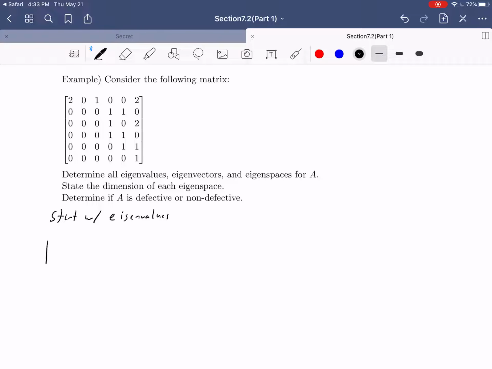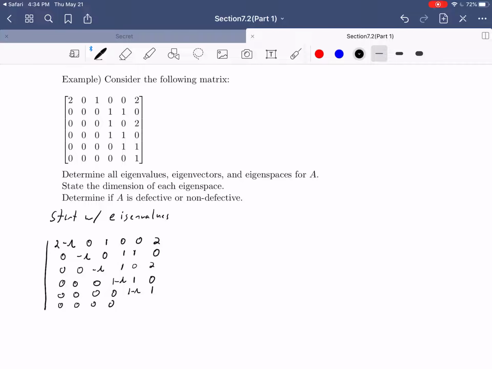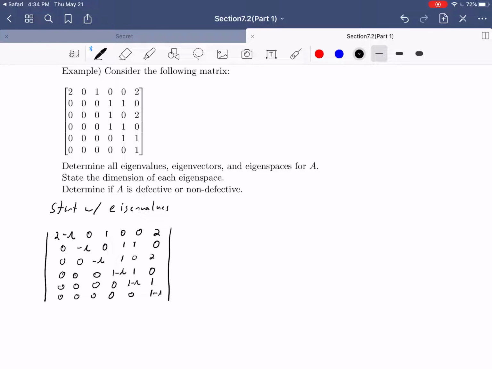So let's go ahead and take the determinant of the matrix with 2 minus lambda, 0, 1, 0, 0, 2, then 0 minus lambda, 0, 1, 1, 0, then 0, 0 minus lambda, 1, 0, 2, then 0, 0, 0, 1 minus lambda, 1, 0, then 0, 0, 0, 0, 1 minus lambda, 1, and then 0, 0, 0, 0, 0, 1 minus lambda, because we're taking lambda off the diagonal.